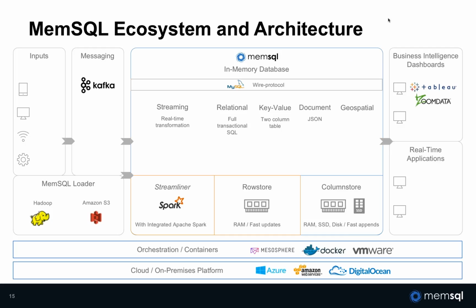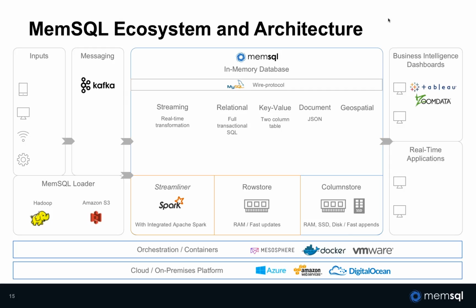MemSQL supports streaming, relational types, key value, document source, and geospatial. So a wide array of different data models. MemSQL has a Streamliner tool that integrates Apache Spark, an in-memory row store, and a disk-based column store for data storage.